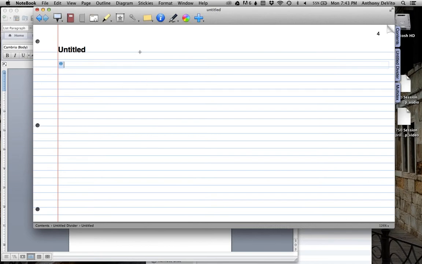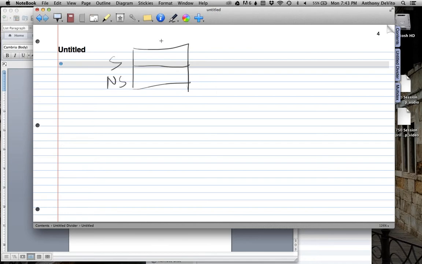Okay, here's my 2x2 table. This is smokers, non-smokers, cough, no cough. Okay, 100, 100, 25, 75, 25, 75.